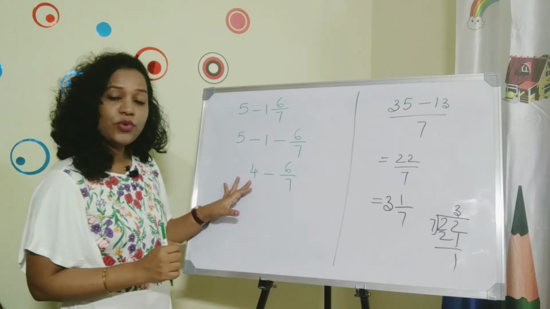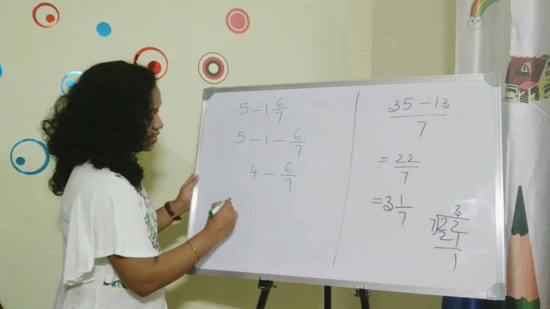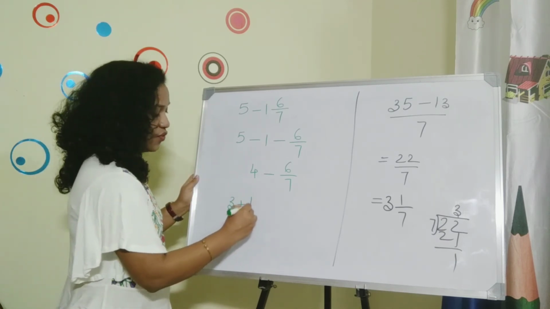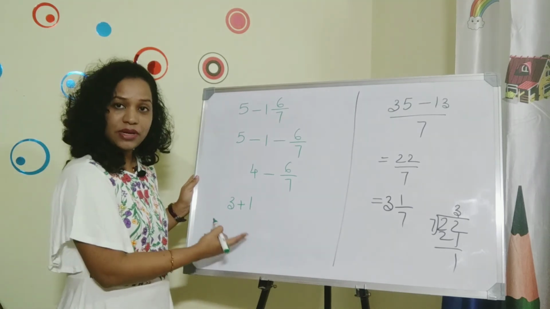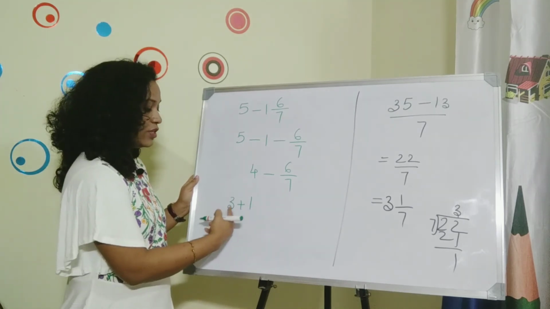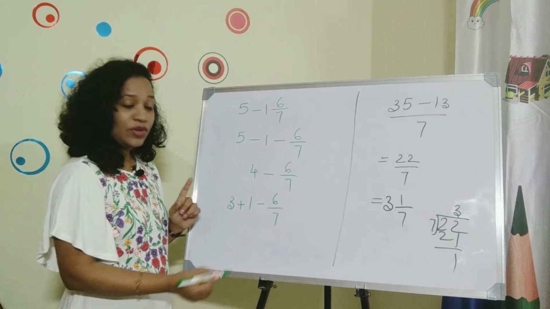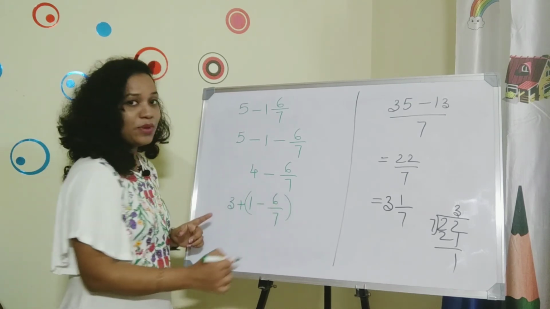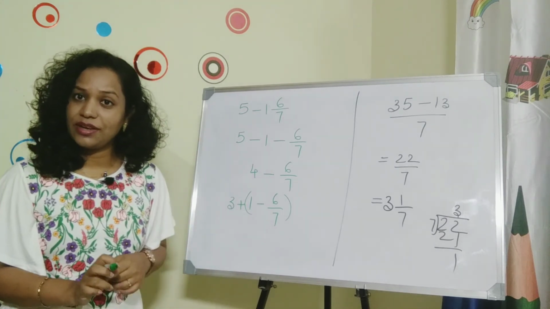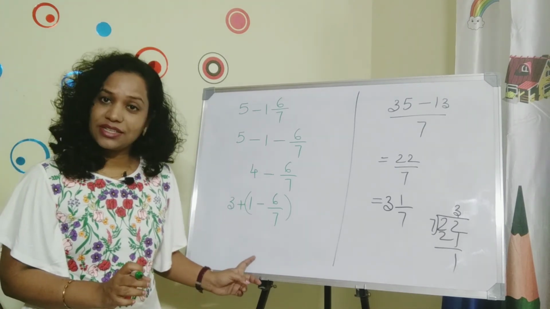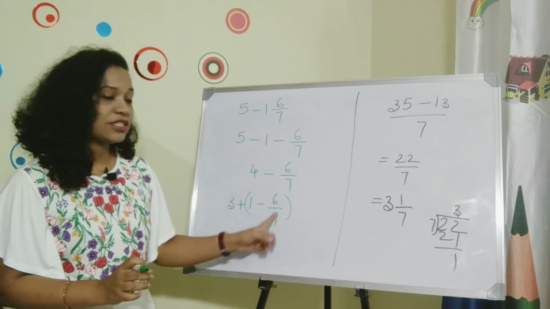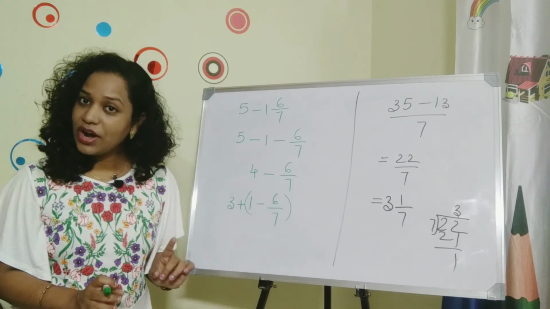So here I am going to write this 4 as 3 plus 1. What is 3 plus 1? 4. So 3 plus 1 minus 6 by 7. Now you tell me what is 1 minus 6 by 7. This we already discussed, right? So 1 minus 6 by 7 is 1 by 7.